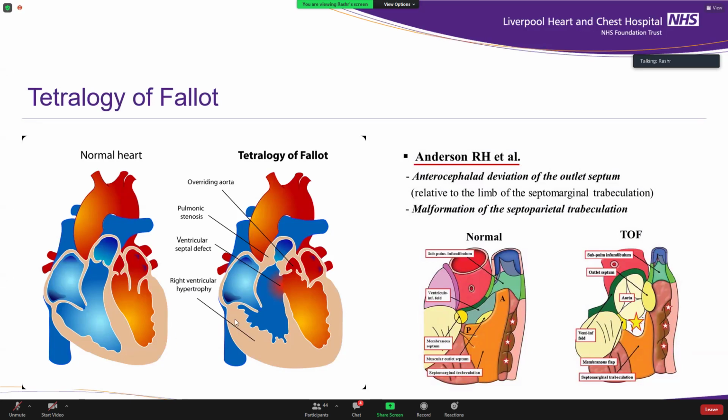And this movement of the outlet septum pushes, giving you the infundibular stenosis, giving you aortic override, and creating the VSD, and thus the RVH.